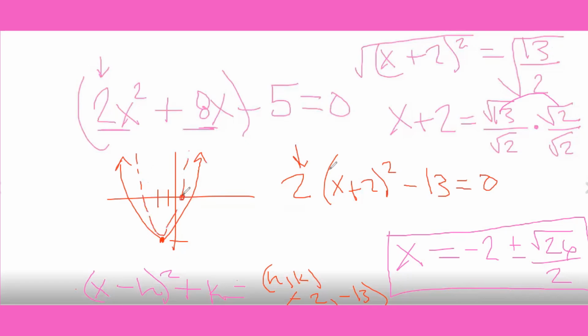And we could check those zeros. So if we do the square root of 26 on our calculator, that's actually 5.1. And then we're going to divide by 2. So that's really close, 2.5.